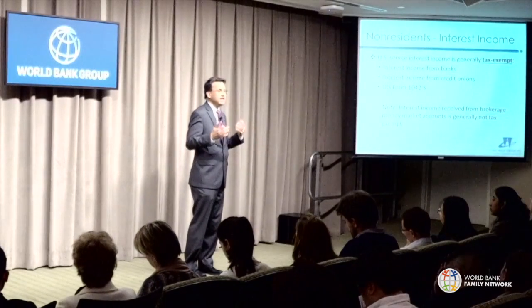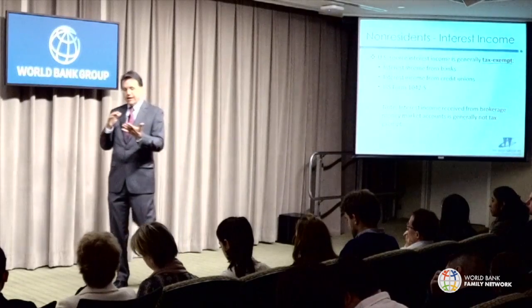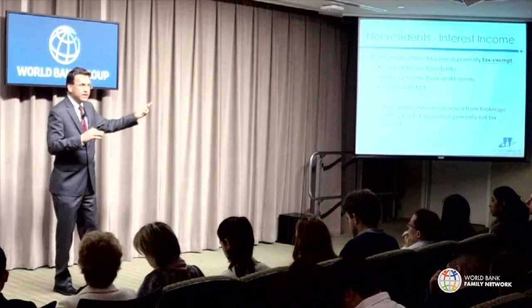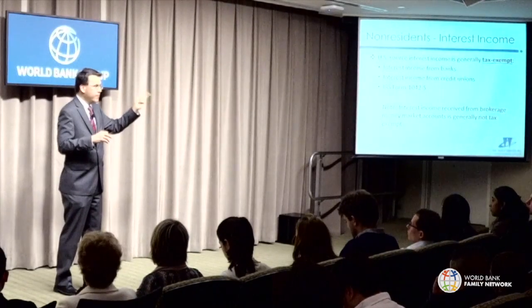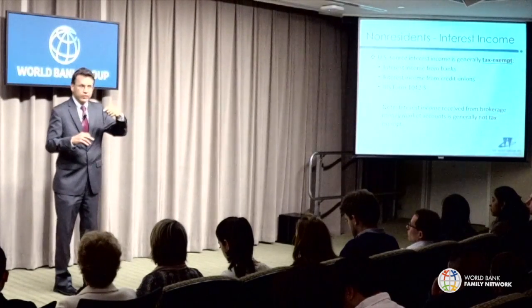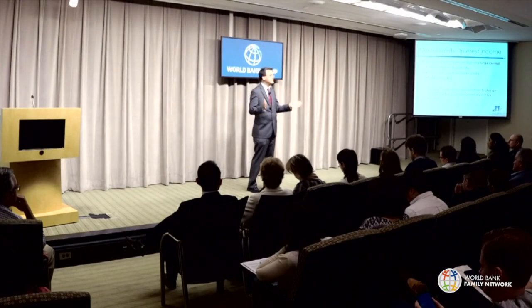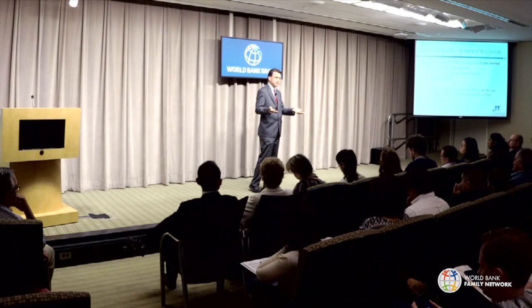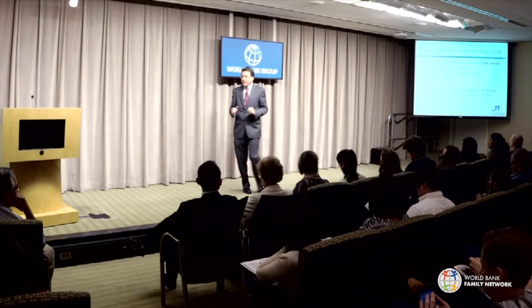So interest income derived by non-residents from banks or credit unions or Treasury bonds or even U.S. corporate bonds is completely tax exempt to a non-resident. Now it's taxable to residents or U.S. citizens, so another tax break for you.